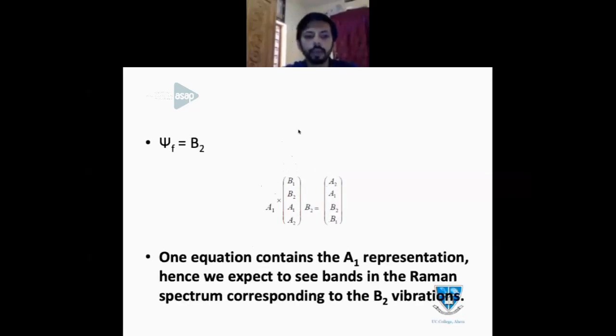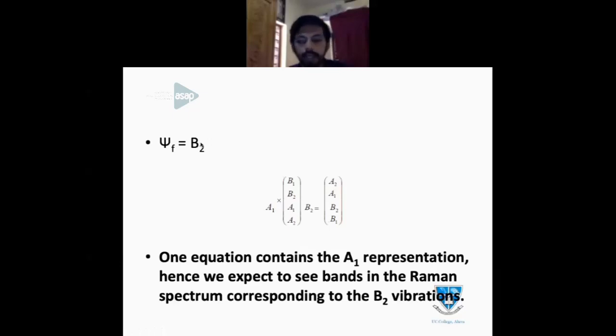Again for B2, the direct product is A1 B1 B2, A1 B2 B2, A1 A1 B2, A1 A2 B2. Here we can see that it again contains A1, so B2 is again Raman active. So we have determined the two vibrational modes, A1 and B2.